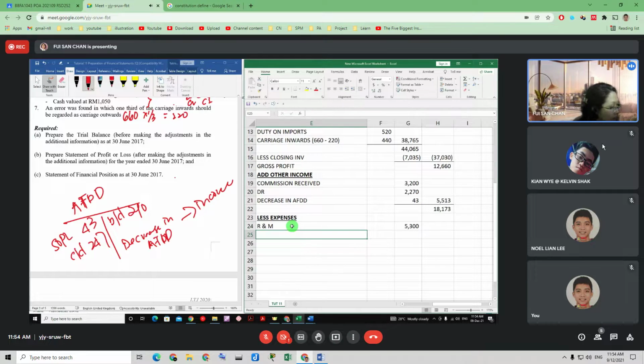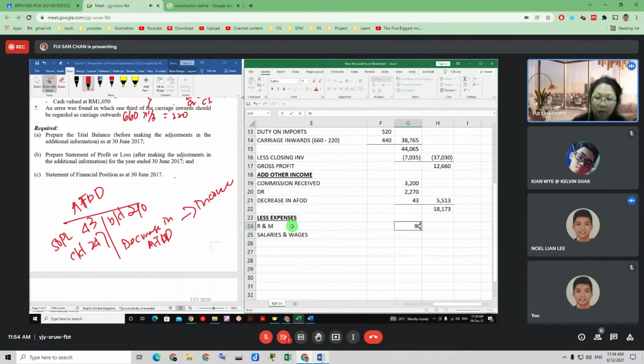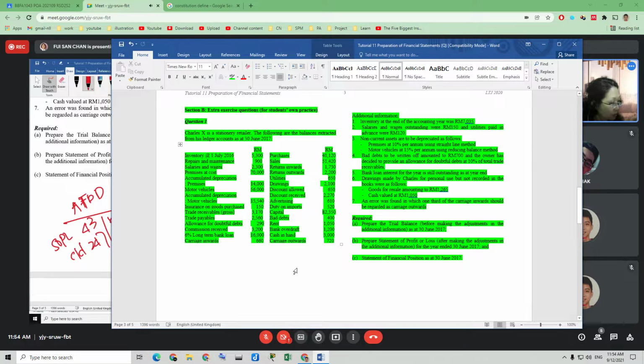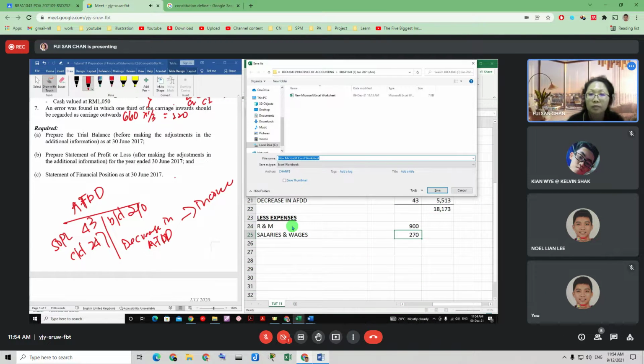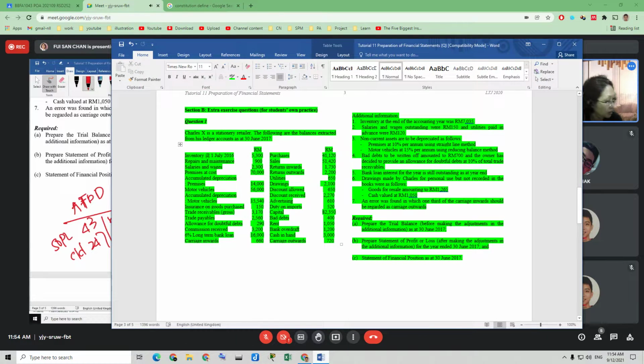Okay, then we have salary and wages. Now this one it says salary and wages put together, so we put under expenses. Salary and wages, which is 900. Is it? Okay. I think I copied the wrong number. This one should be 2,003.